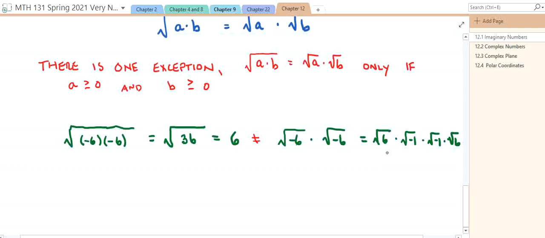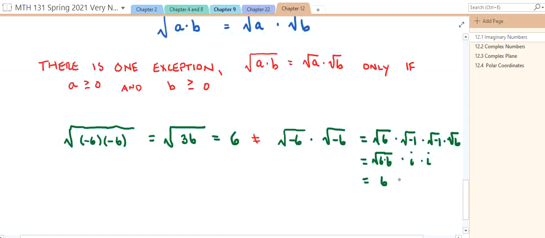I can take these two square root of 6's and combine them: the square root of 6 times 6, which is the square root of 36, which is 6. And the square root of minus 1 over here is also equal to i.